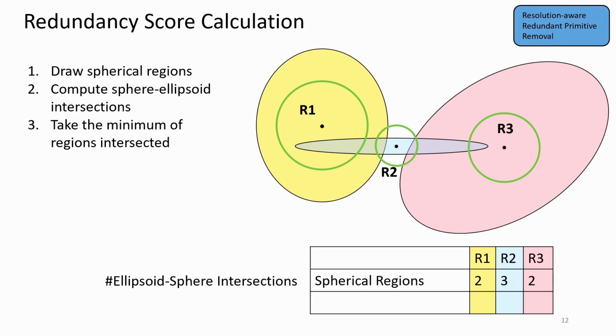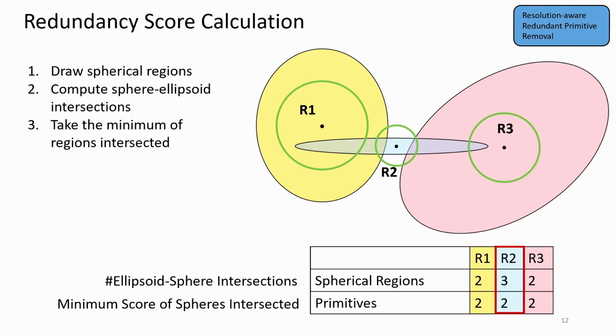Now for R2, that is our main focus here, to calculate the redundancy metric, we would need to take the minimum out of the regions intersected. So since the ellipsoid R2 intersects every region, we would take 2 and not 3.